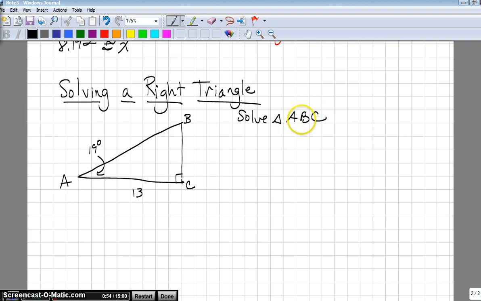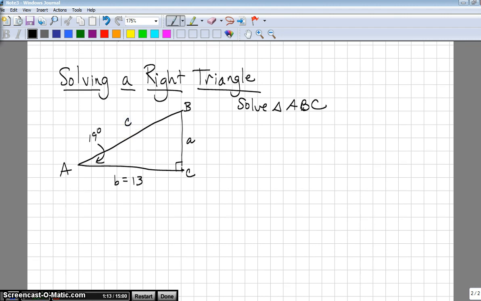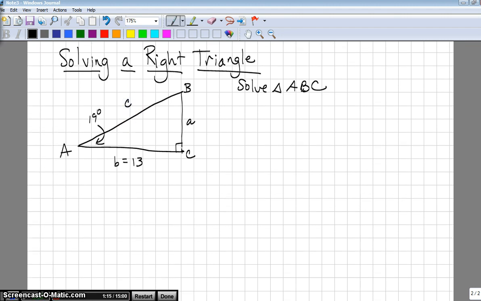The angles are usually named with capital letters, and the sides opposite those angles are named by lowercase letters. So the side opposite angle A would be called little a, the side opposite angle B would be called little b, and the side opposite angle C would be called little c. So to solve this triangle means that we are going to find all sides and all angles.